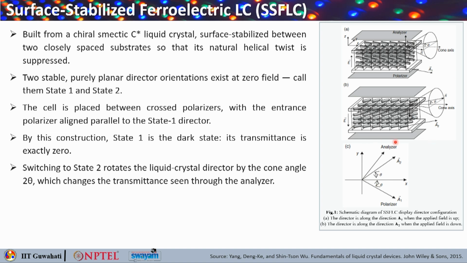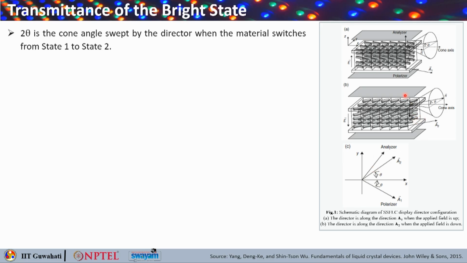Now, when you switch to state 2, the liquid crystal director has rotated by a cone angle of 2 theta. Earlier it was here, now it goes in this direction. The movement is 2 theta, and that is where the transmittance can be seen through the analyzer. So, 2 theta is the cone angle swept by the director when the material switches from state 1 to state 2.